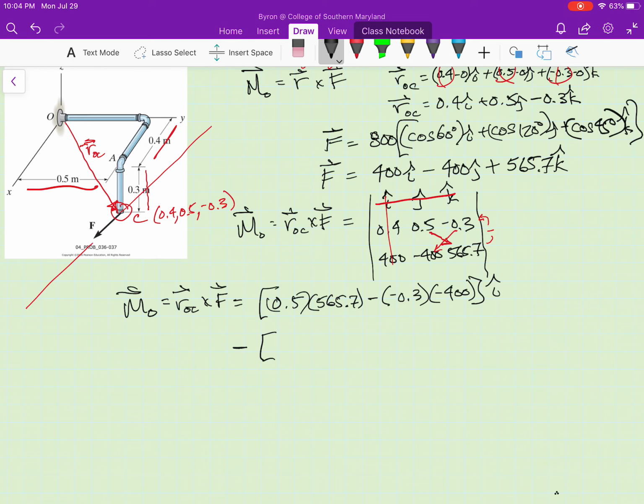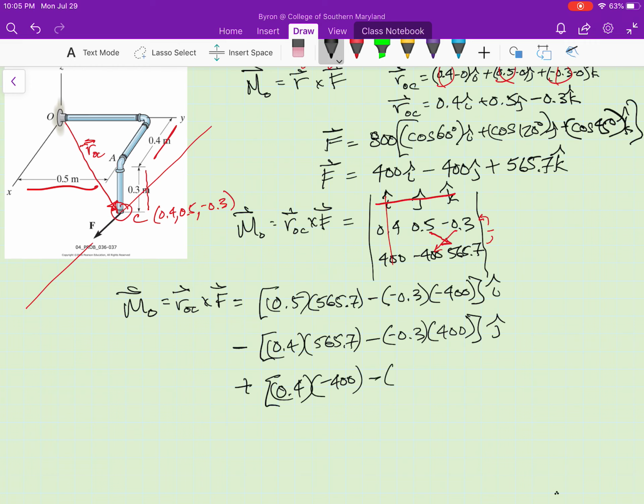And the J term is going to be 0.4 times 565.7 minus negative 0.3 times positive 400, J, and the K term is going to be plus 0.4 times negative 400 minus 0.5 times 400, K.